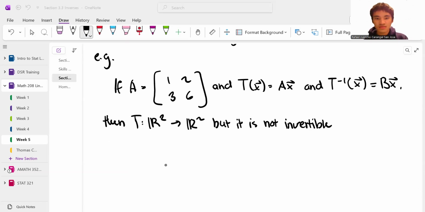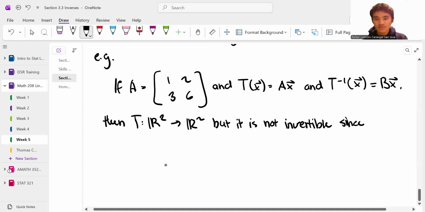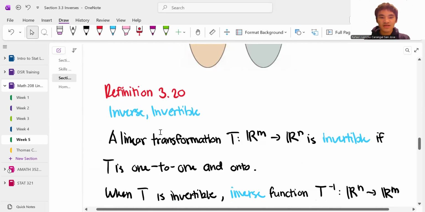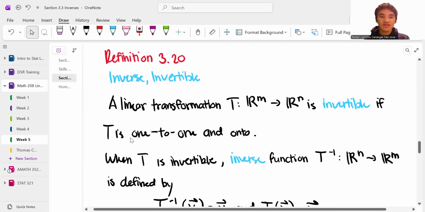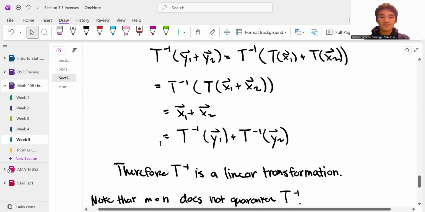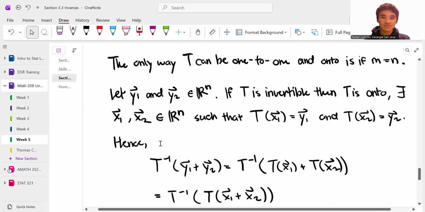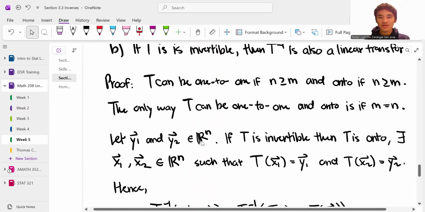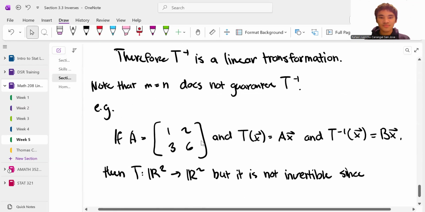Why? I don't know. Let's check our definitions of what it means to have an inverse or to be invertible. T is one-to-one and onto. Is T one-to-one and onto? Well, N is greater than or equal to M, right?